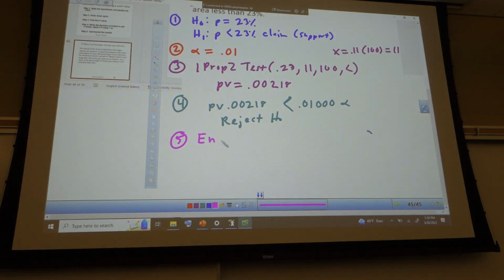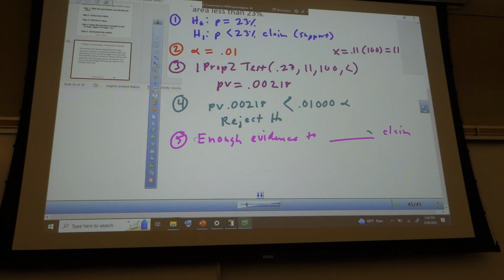So enough evidence to blank the claim. So you kind of think about it like this. There's blank evidence to blank the claim that the proportion, and then write down what the claim was. What was my claim? That the percentage is less than 23%.